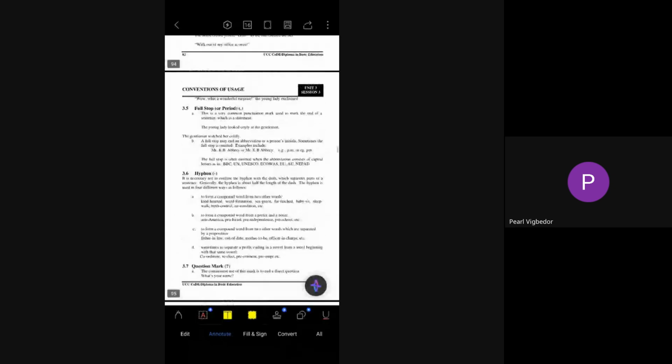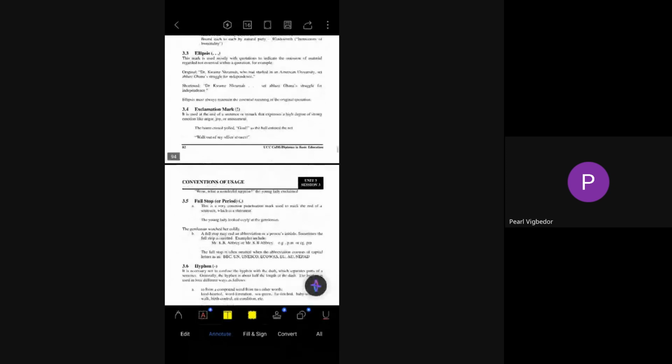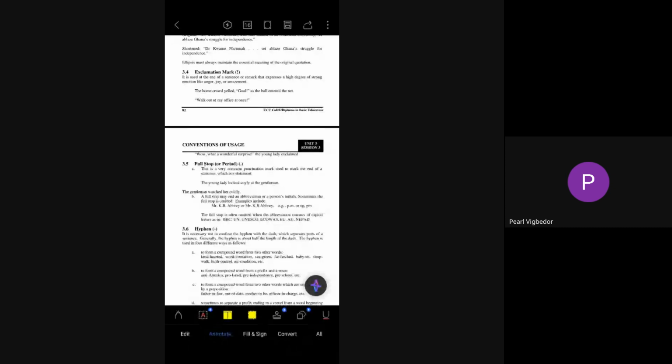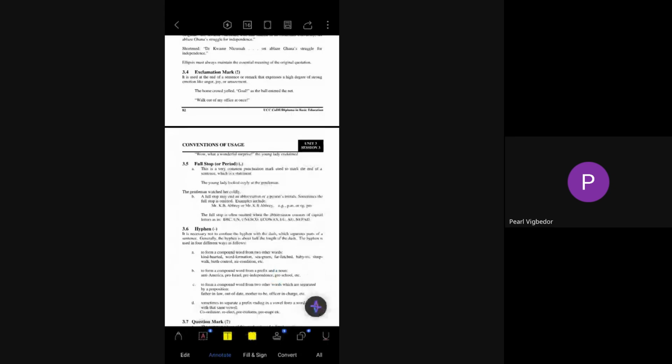So let's take the exclamation mark and then we can ask ourselves some questions. So with the exclamation mark, it's like you drawing a short line like one with the dots. That is the exclamation mark, and I know you all know how to write it. It is mostly used to express a high degree of strong emotions.